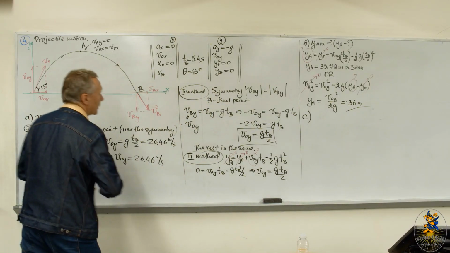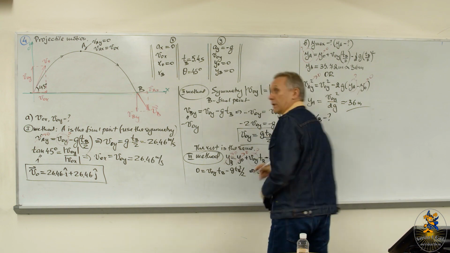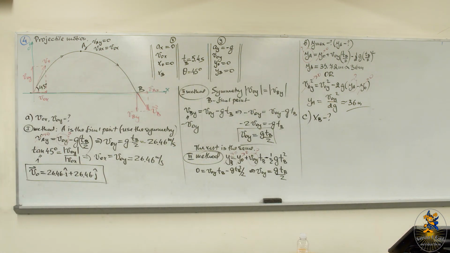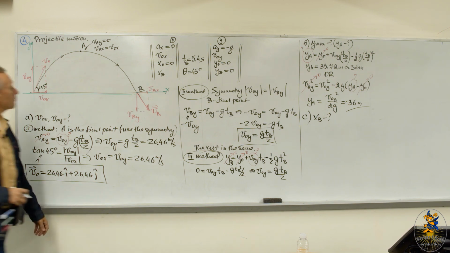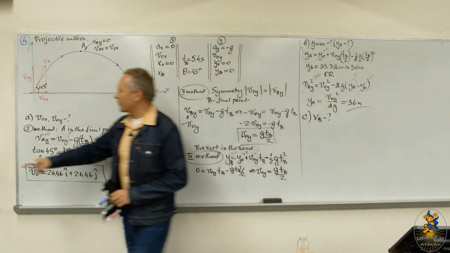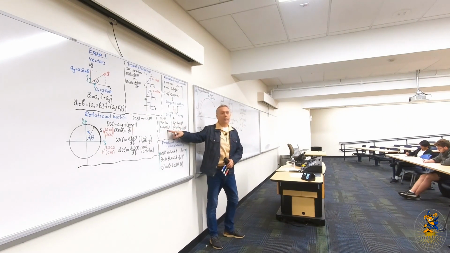So now range x_b. The final point is point B again, because the question is about finding distance to point B. And there's only one equation for that. x_0 is 0, and v_0x we found in the first part.